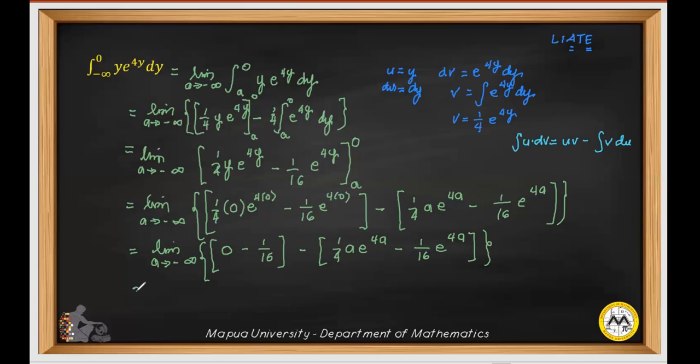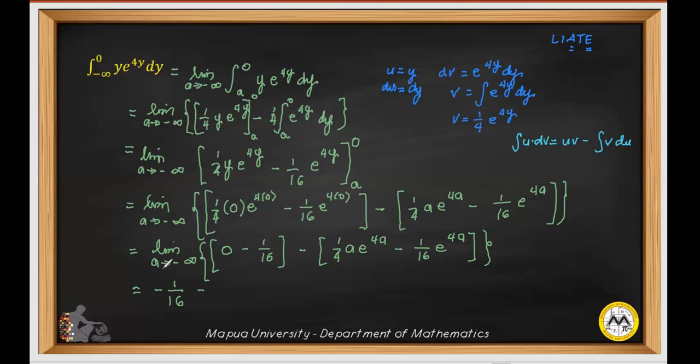So if we are going to evaluate the limit as a decreases without bound, of course, 0 minus 1 over 16 is a constant, therefore the limit is the constant itself, negative 1 over 16. Minus, this gives us 1 over 4a e raised to 4a.